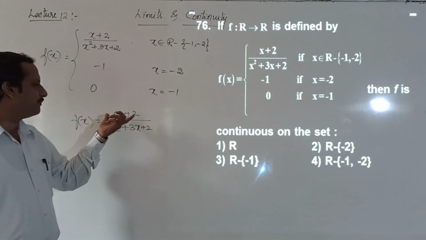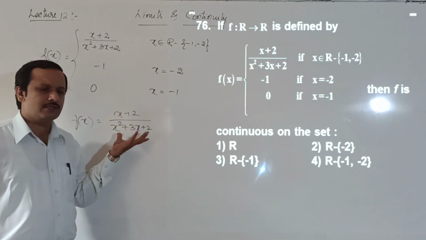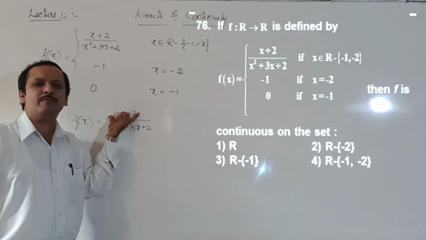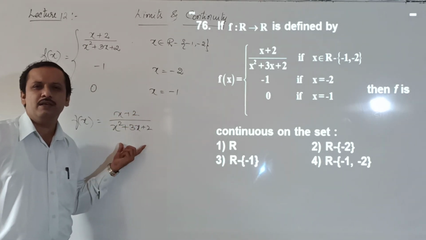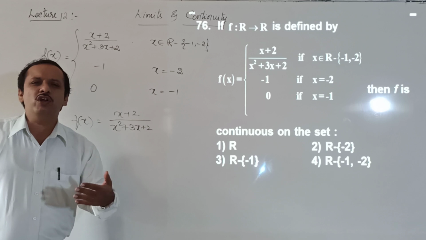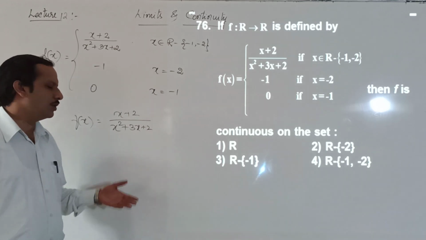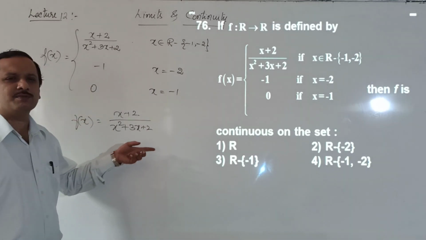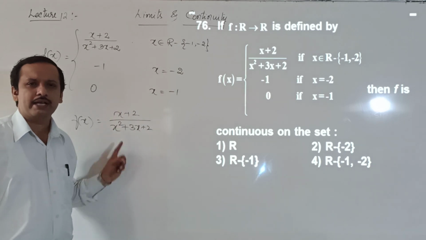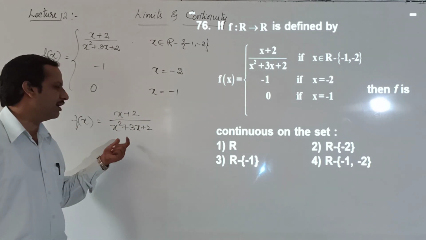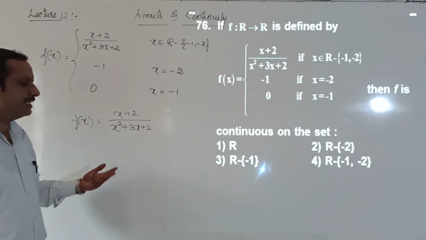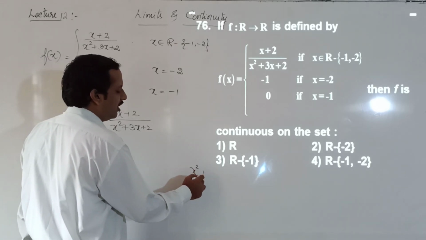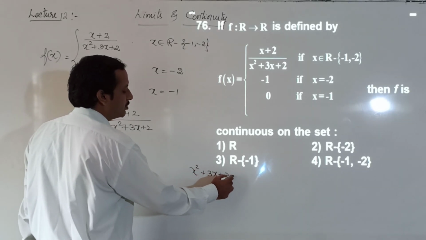So now, everywhere else, numerator is a polynomial, denominator is also a polynomial. As we know, every polynomial function is continuous. So numerator is continuous, denominator is continuous, which means this expression is also continuous, provided denominator is non-zero. When is the denominator 0? x square + 3x + 2 is equal to 0.